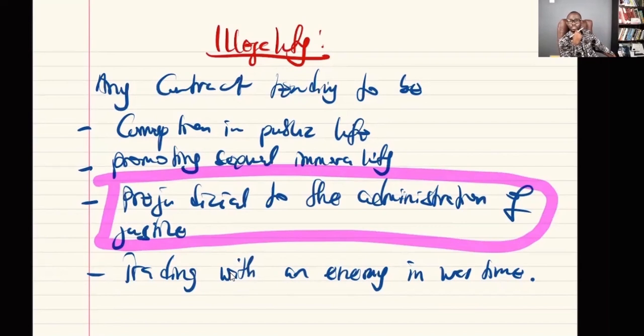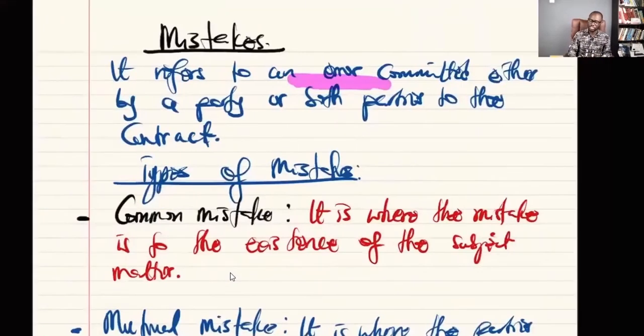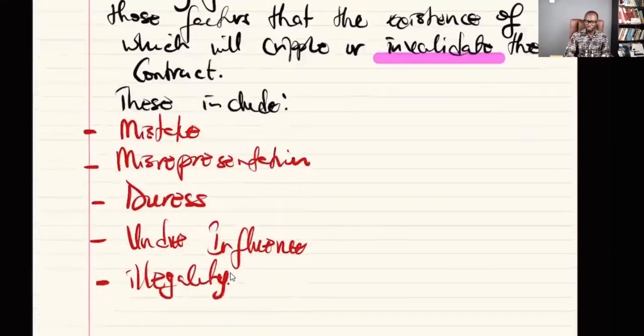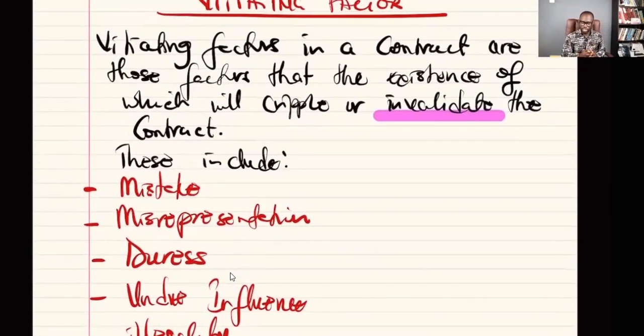Because you can't take the judge to court, because the subject matter is illegal. These are what we refer to as vitiating factors. When these factors are present in a contract, they cripple the contract and invalidate it, and the contract cannot be enforceable in the law court.